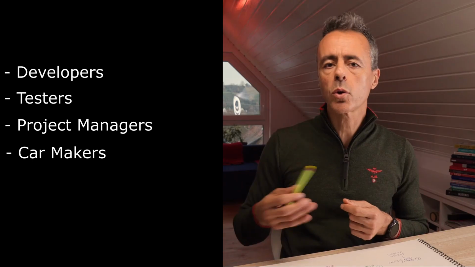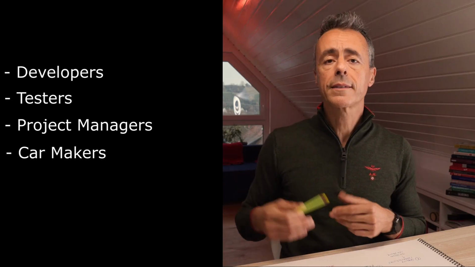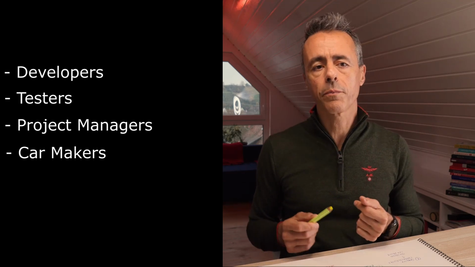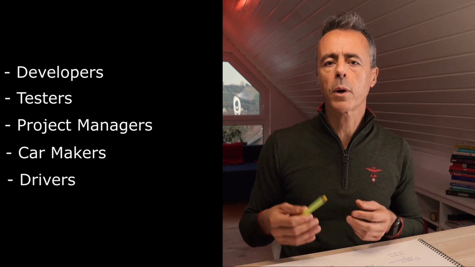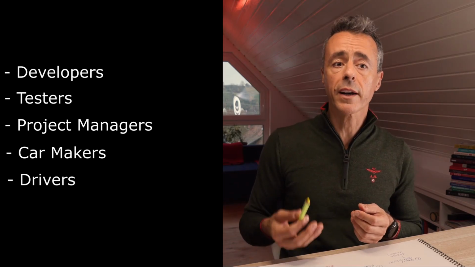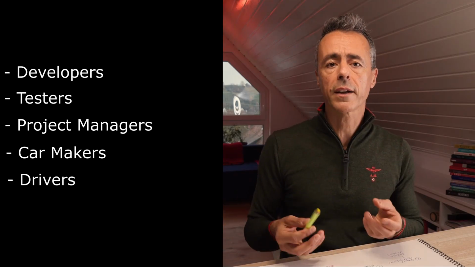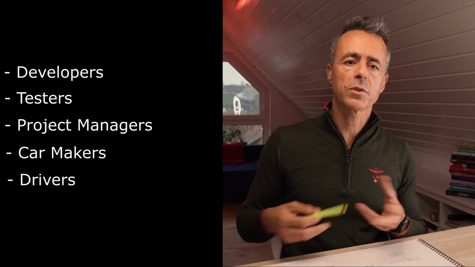For car makers, good software is easy to integrate, reliable under all conditions, and it's safe, secure and maintainable. For drivers, quality is all about trust. They expect software that's intuitive, responsive and reliable, whether it's voice commands, touch screens or safety critical systems like braking or autonomous driving.